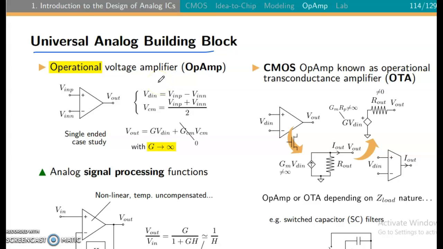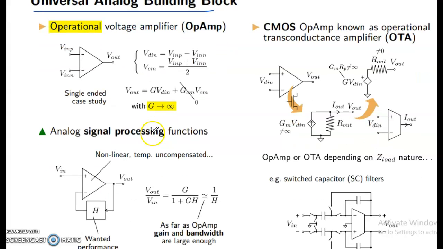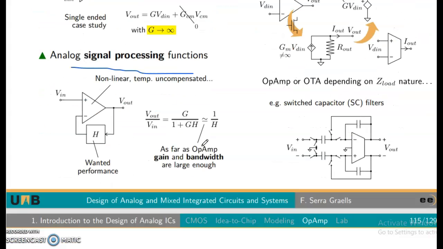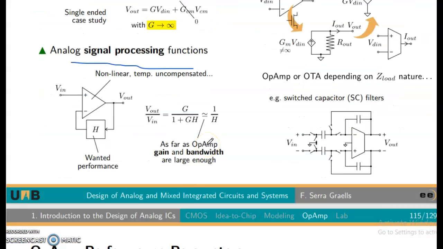Universal analog building block, the operational voltage amplifier, used for analog signal processing functions. This is non-linear, temperature uncompensated, with wanted performance. This feedback path is connected from V out to the negative input of the op-amp, and this is V in positive.